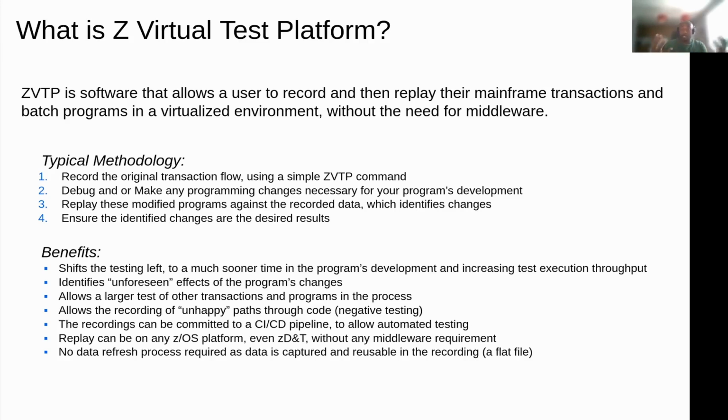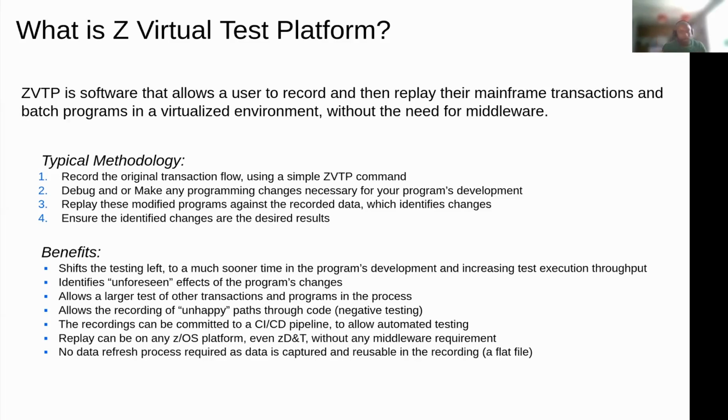But then the developer's got this insight, this view that, okay, I've seen there's a difference now because I changed the COMMAREA structure, therefore there's a difference. Now, in the fourth step, the developer can quickly validate if that is the desired behavior based on their one program change, or is not the desired behavior.